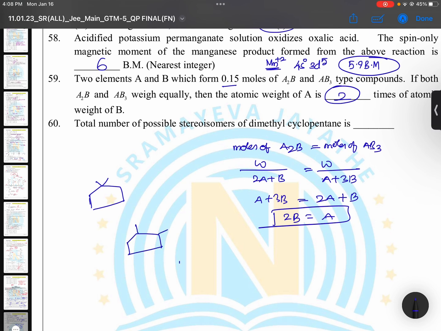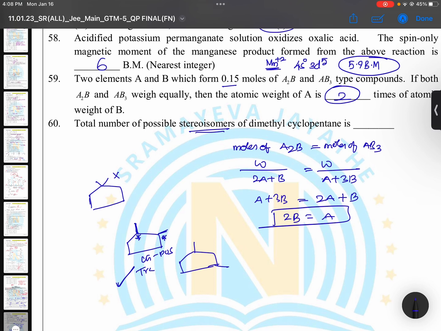There are 3 chances for the positions. Here it is a chiral carbon. This is also a chiral carbon. But if they are present on the same side or opposite side, there will be a plane of symmetry. If they are on the same side, cis, a plane of symmetry will be there. Trans, no plane of symmetry. So trans can show optical isomers.